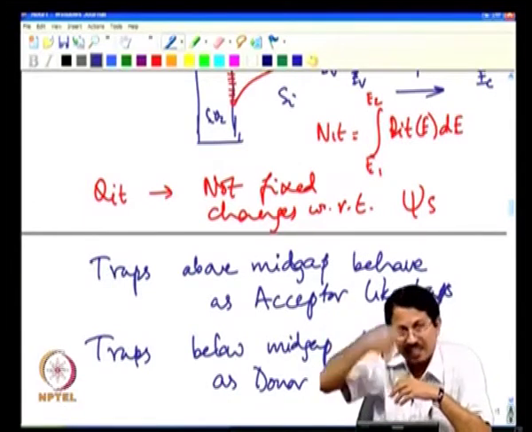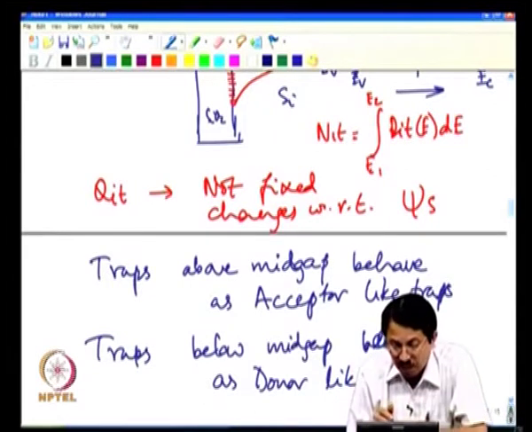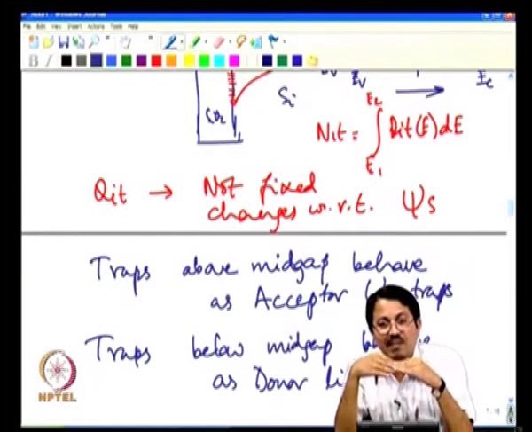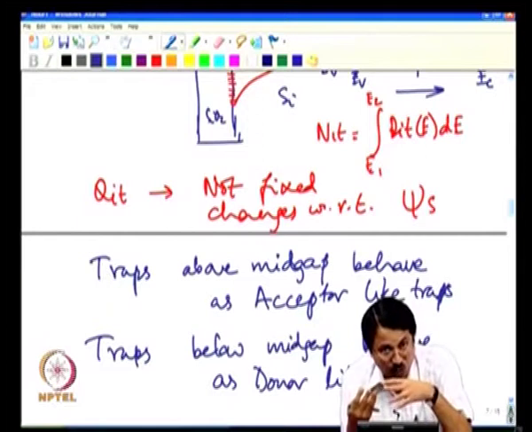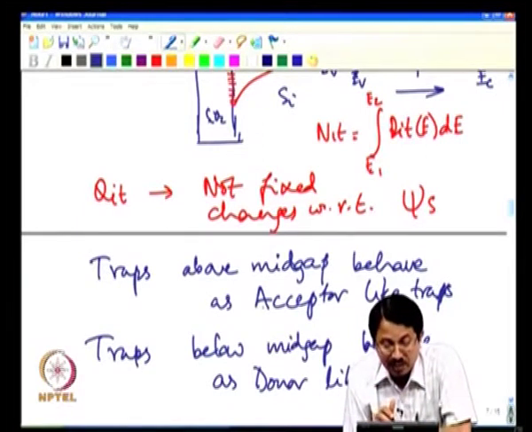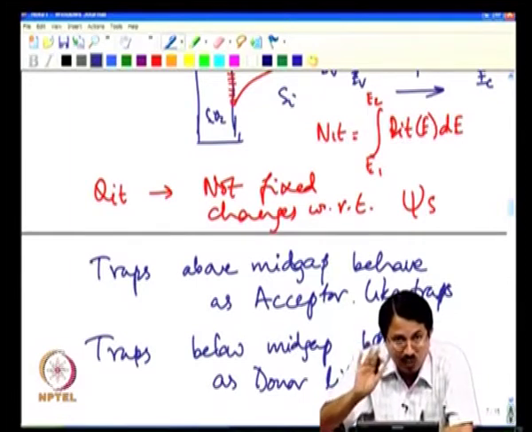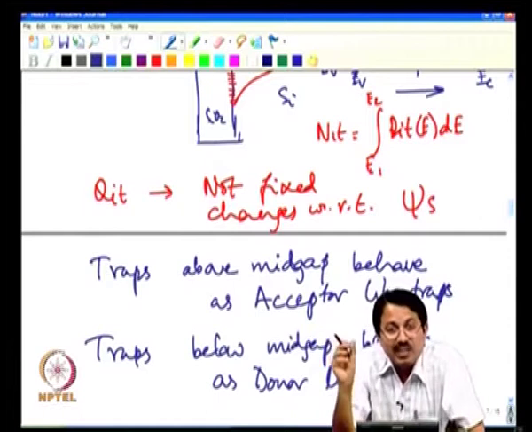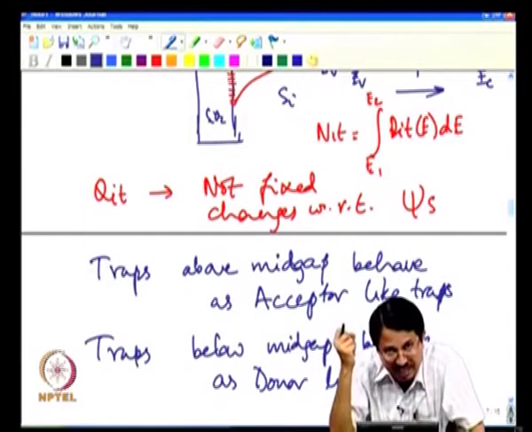If there are any electrons they can catch them, but they can't give out electrons. Similarly, an ideal acceptor like boron has its energy level very close to the valence band, and only then does it act as a very good acceptor that donates holes. But these so called acceptor like traps are above mid gap, so they are certainly not going to donate any holes. So, these traps are not going to give you any extra free carriers, but instead take out the free carriers.